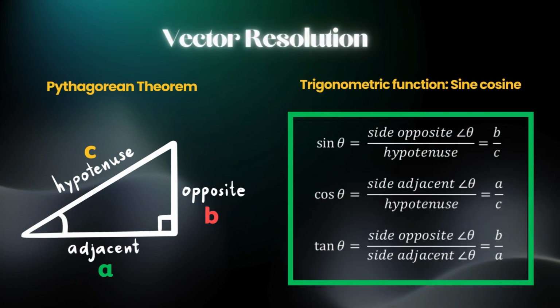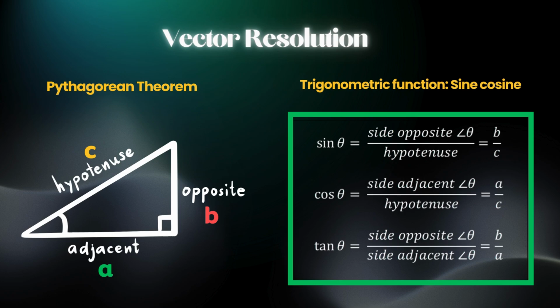The Pythagorean theorem is used to calculate the magnitude of the resultant vector. As an example, if we are given two components of vectors, one in the horizontal direction and another one in the vertical direction, in order to find the magnitude of the resultant vector, we can imagine these two components as the sides of a right triangle.